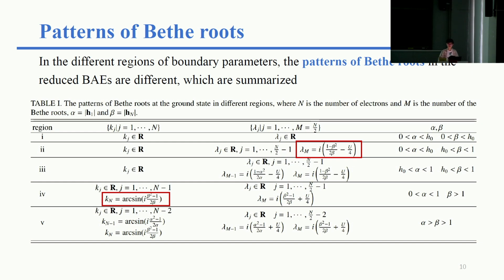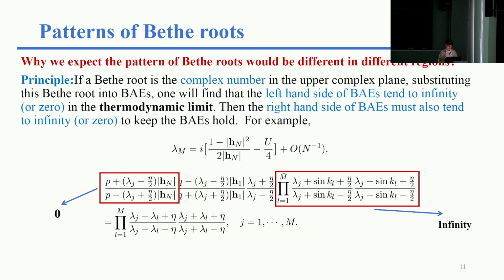Okay. And maybe one more question. When you solve these equations, and maybe on the next slide, you tell something about the compensation of singularities. And so is it only about the last root or about what? Because there is some complicated process of compensation of zeros and infinities.